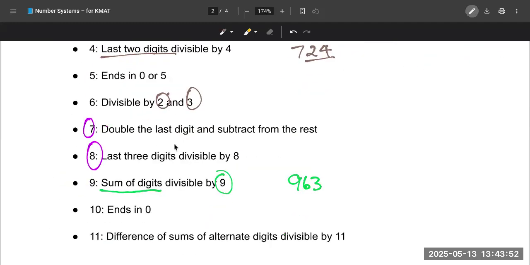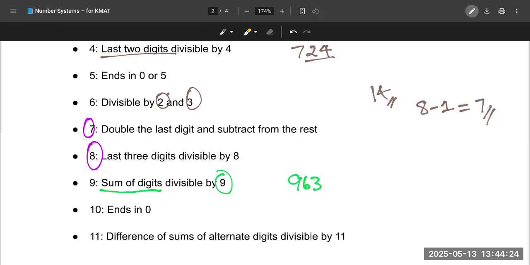And when it comes to 7, suppose a number 14. How do you know if it is divisible by 7? Take the last digit, the unit digit, and multiply it by 2. 4 twos are 8. And you find the difference between that and the rest of the number.